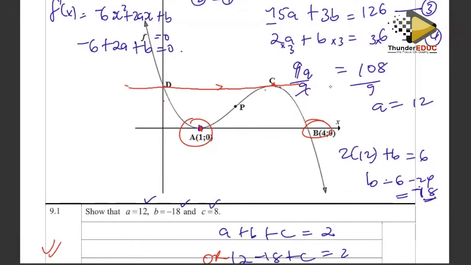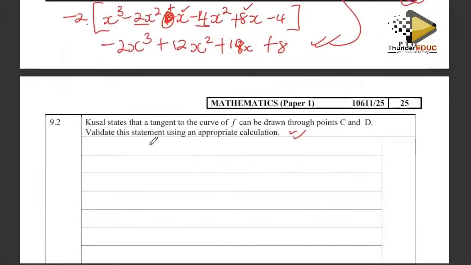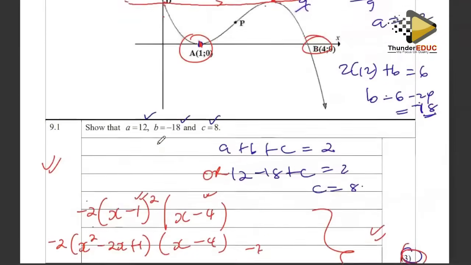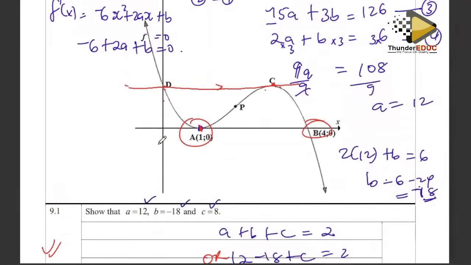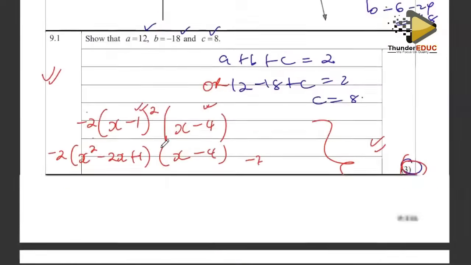Okay. And if that is the case, will that still be a tangent? Unless it's just at 1 point. Okay. So the question is asking us to validate the statement. They are not asking us for the equation or what states that a tangent can be drawn. The answer is a no. A tangent must always pass through 1 point on the graph.